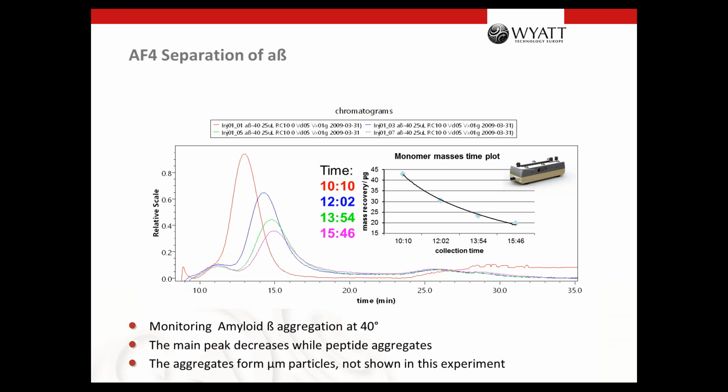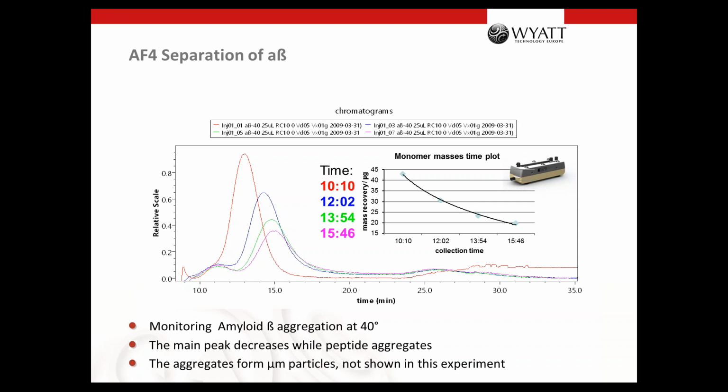Okay, next question. What is the maximum sample volume that can be loaded in the FFF? The maximum sample volume depends on the autosampler. Normally we recommend an autosampler with a 900 microliter loop, so you're limited to 900 microliters, which is of course a lot.